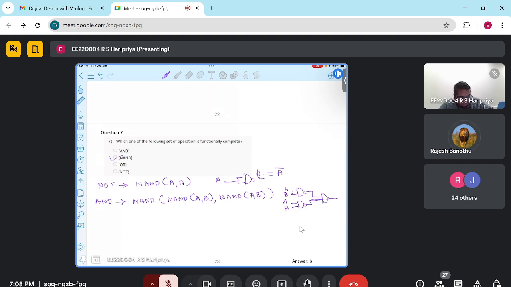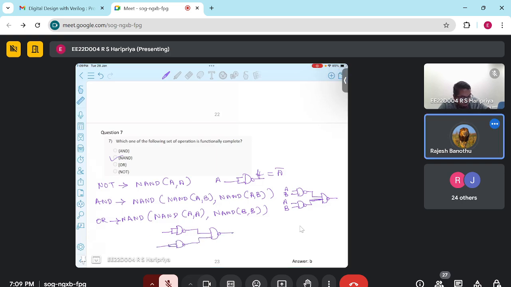And similarly, if we want to implement an OR operation using a NAND gate, it is implemented as NAND of A comma A and NAND of B comma B. Sorry, I think we need one more NAND.